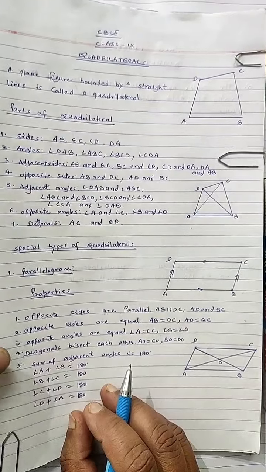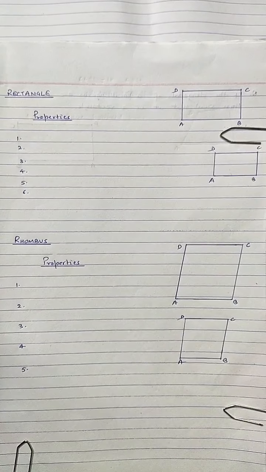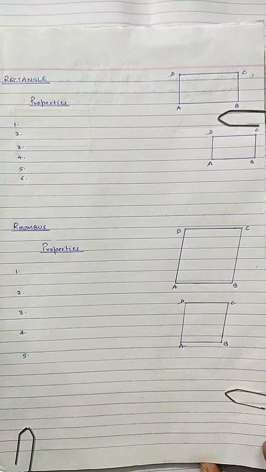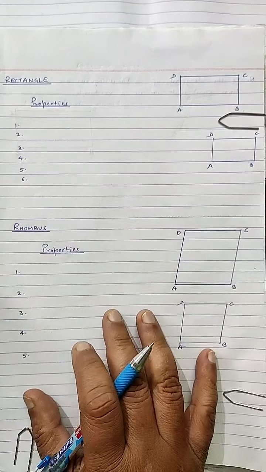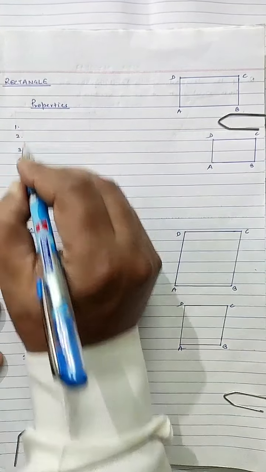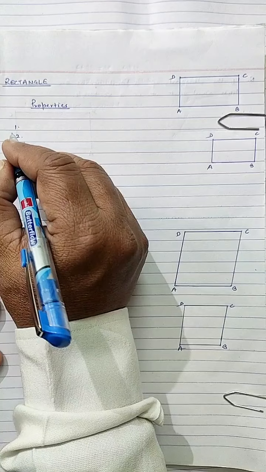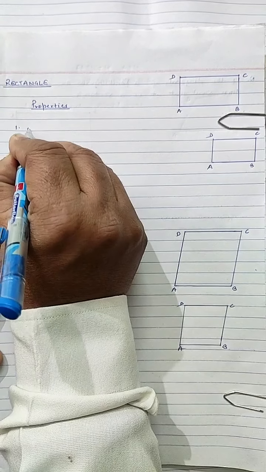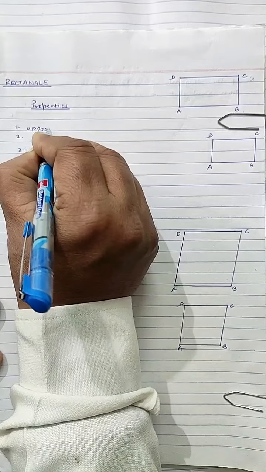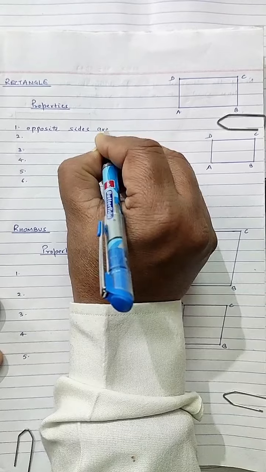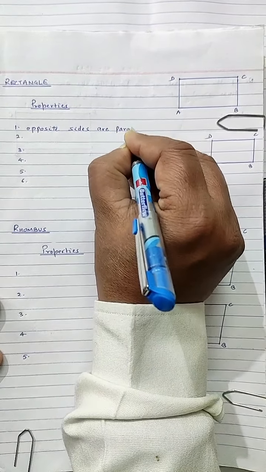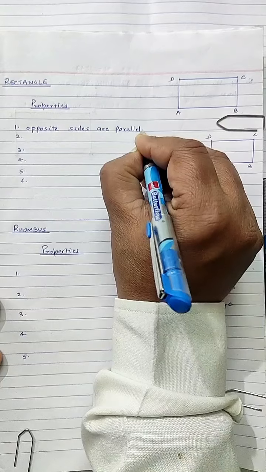Now we have one more quadrilateral, that is a rectangle. Now we learn about the properties of rectangle. First property of this rectangle is opposite sides are parallel. This is the same property of parallelogram.